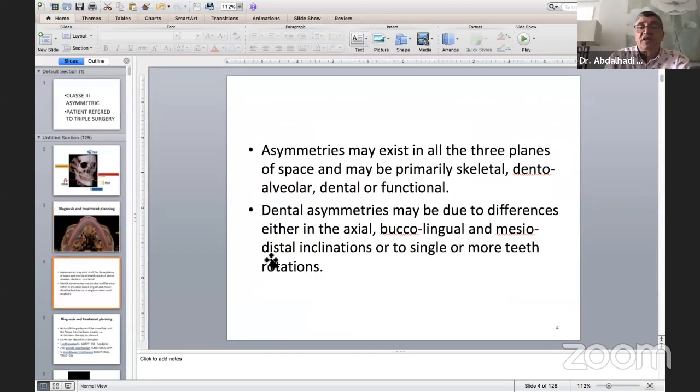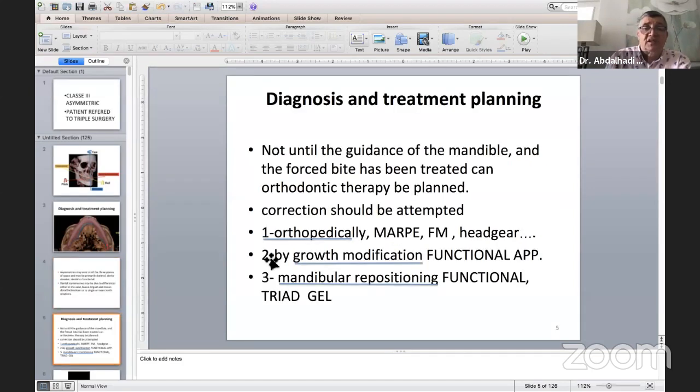The asymmetry may be skeletal, dental, alveolar, or functional, and it may affect the axis of the tooth, buccal, and cause distal rotation, etc. The diagnosis and the treatment concern should be attended to orthopedically, with Marpe or facial mask, headgear, or by growth if he is young, and functional appliance and mandibular repositioning. So we have to reposition the mandible that is deviated to the left by using functional appliance or triad gel and elastics.